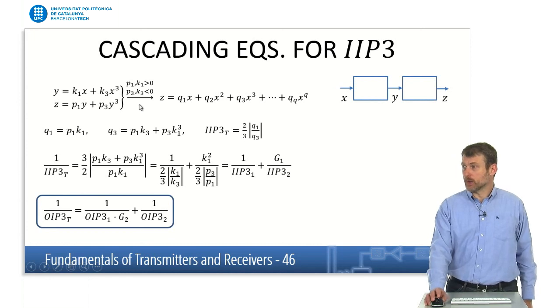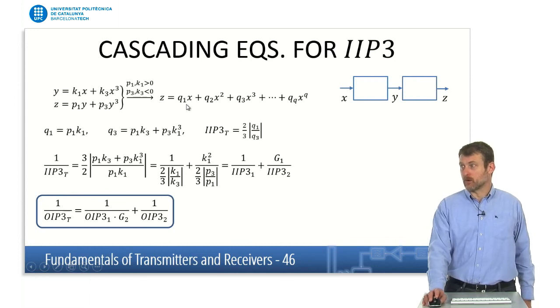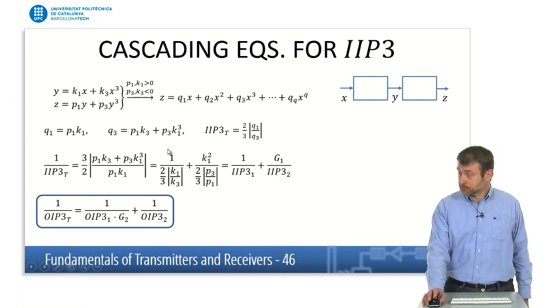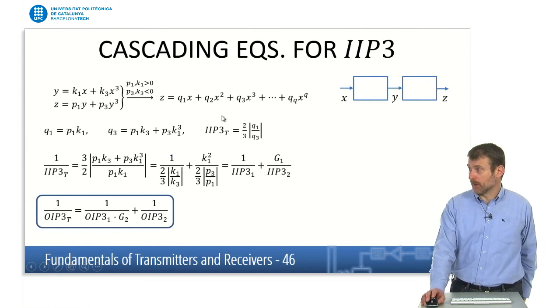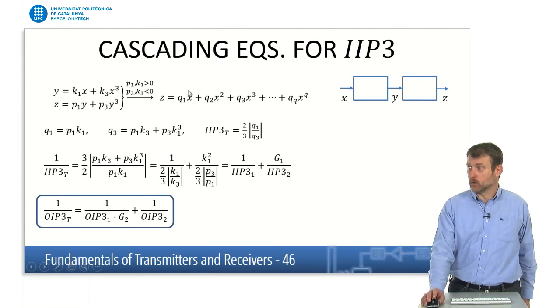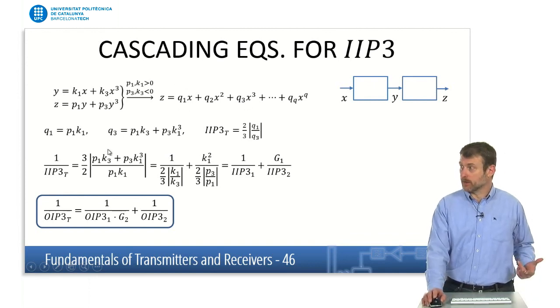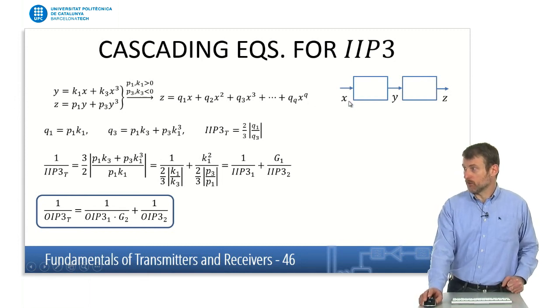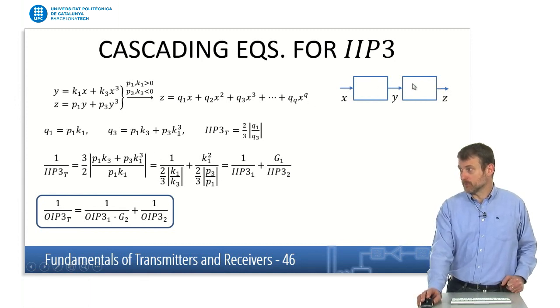In this case, we can develop a polynomial dependence of Z dependent on X, and we find that this dependence will have a term in Q3 and a term Q1, right? Which would be the nonlinear coefficients of the joint dependence of these two elements in cascade.